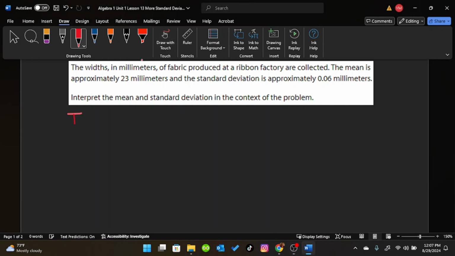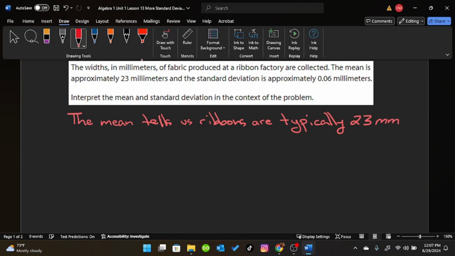So the mean tells us ribbons are typically 23 millimeters wide.